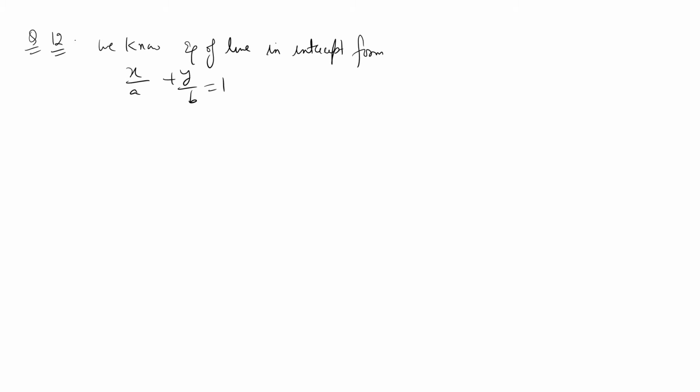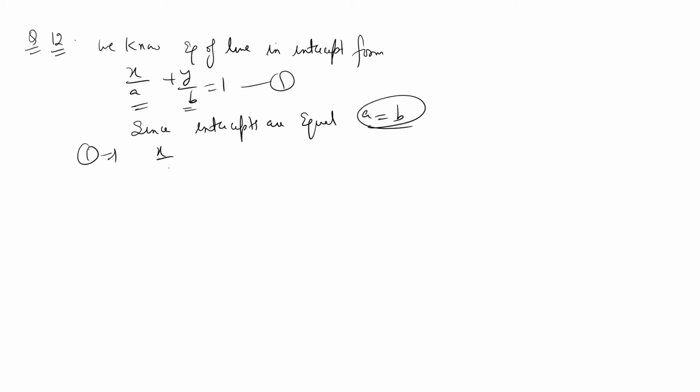Now what is given here? The line cuts off equal intercepts. So since the intercepts are equal, a is equal to b. So equation number 1 will now be x upon a plus y upon a equal to 1, or I can write it as x plus y is equal to a in linear form.